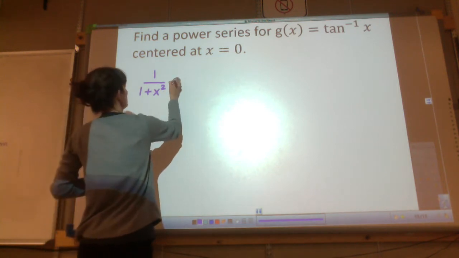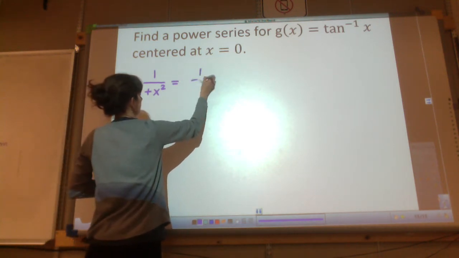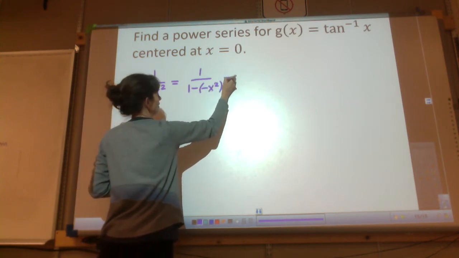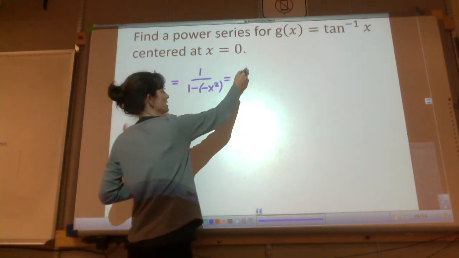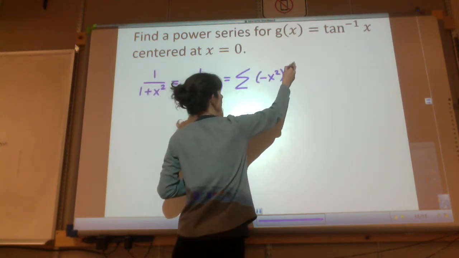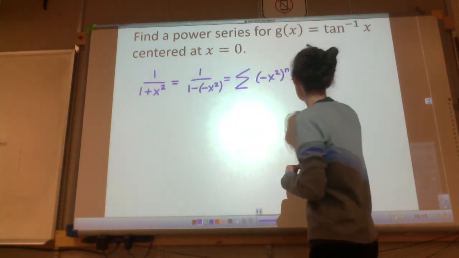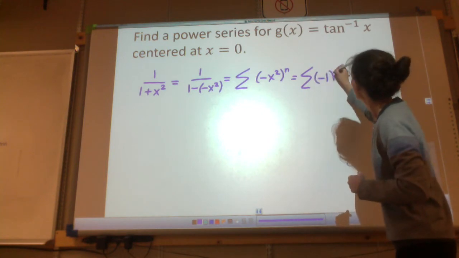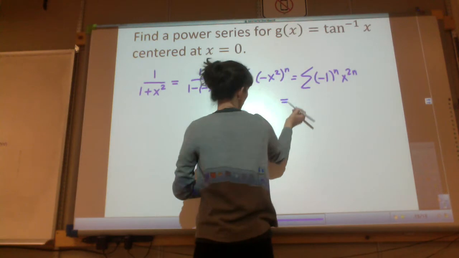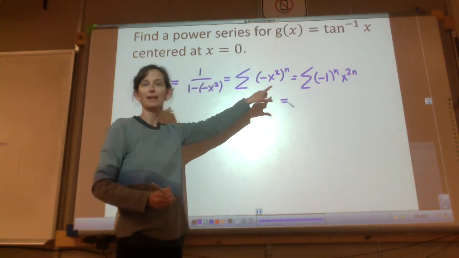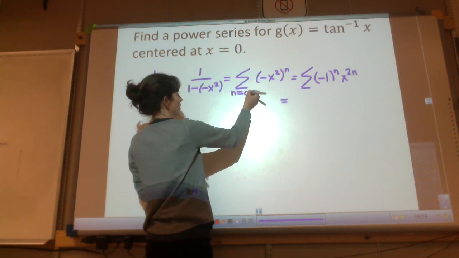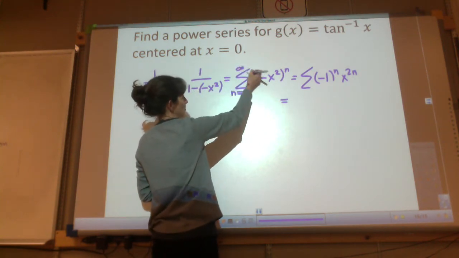So let's write it one more step and make it into a series. Starting always at n equals 0, because geometric series always start at n equals 0 or this sum would not be true.